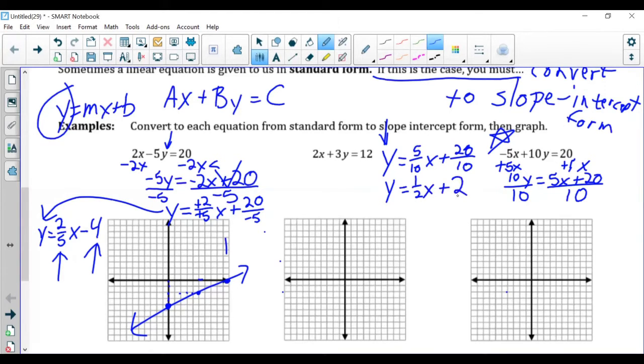All right, start graphing. The y-intercept is where y equals 2, so y equals 2 right here. And then my slope is 1/2, which means I want to go up 1 and to the right 2. Up 1, right 2, and repeat. And now that I've got enough points, I can draw my line.